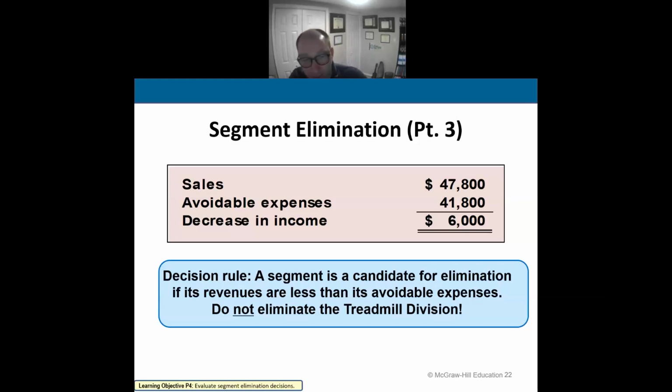If I stop making the treadmills, why am I going to do that? Now remember, if I stop making them, if I stop selling them, I'm going to have a decrease in total income of $6,000, which is a lot greater of a loss than $500. So what do I do?